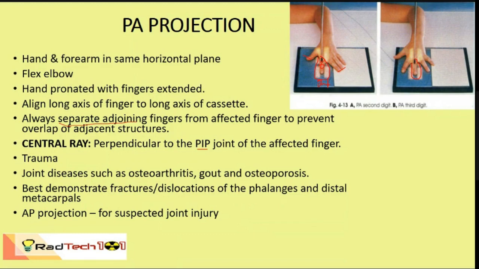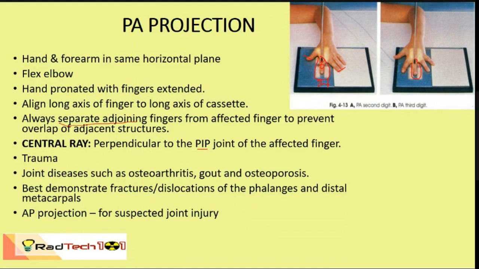So dapat kompleto. Perpendicular to the pip joint of second digit or perpendicular to the pip joint of the third digit or kung ano yung part ng digit na sinabi ko.